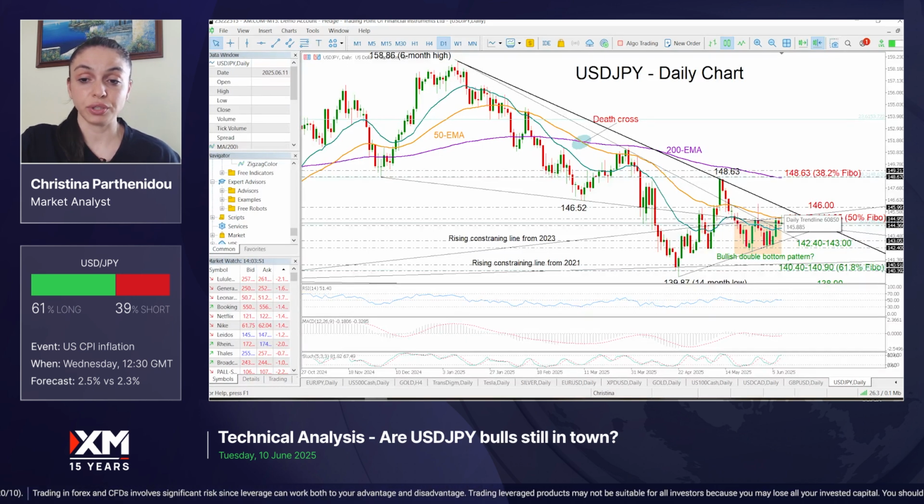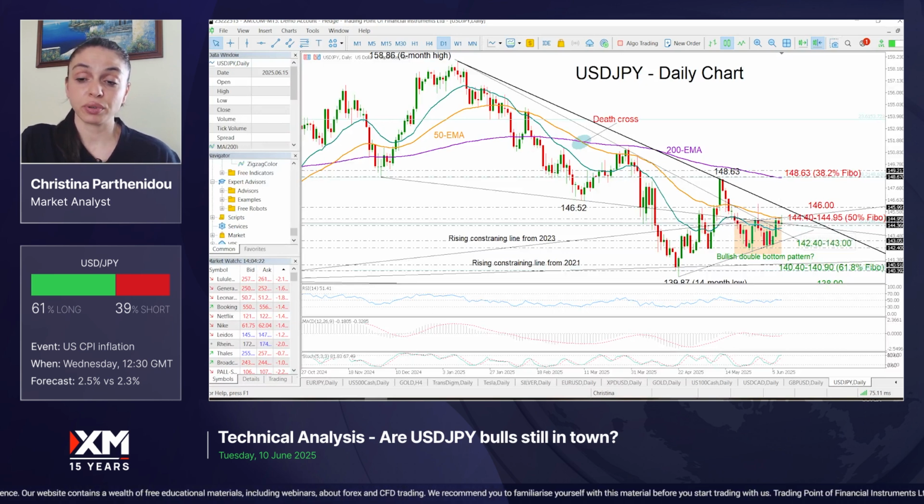A break above this region is needed to officially confirm this bullish double bottom pattern and therefore cause a more exciting rally, probably towards the 148.63 territory where the 200-day EMA is located. The 38.2% Fibonacci retracement of this down is also within the same region, so definitely that area may attract attention.